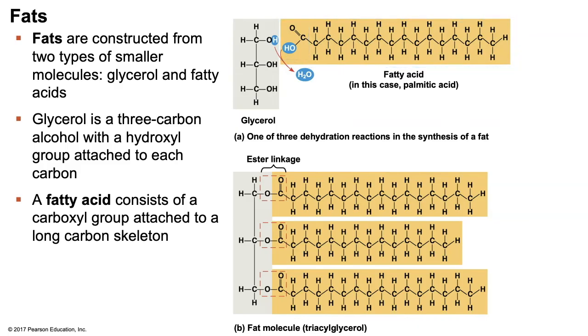The carboxyl group is where the attachment occurs, and it hooks onto the hydroxyl groups of the glycerol, and this forms a new linkage called an ester linkage. So note that for lipids. And what we've created is a molecule called a triacylglycerol, or it's also called a triglyceride.